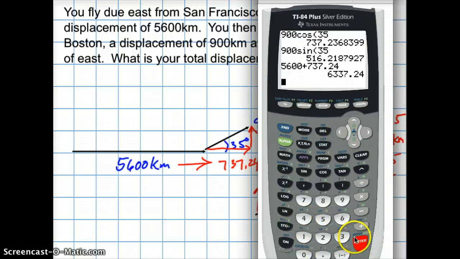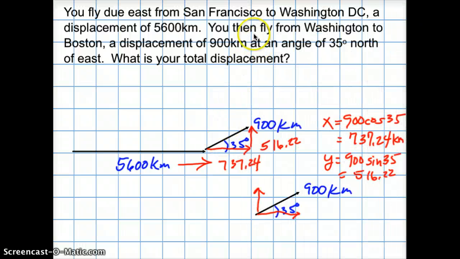And so I'm going to have a total horizontal of 6337.24. So let's put that in there. So my total is 6337.24 kilometers. And I've already got a y that's 516, and that's my only y.